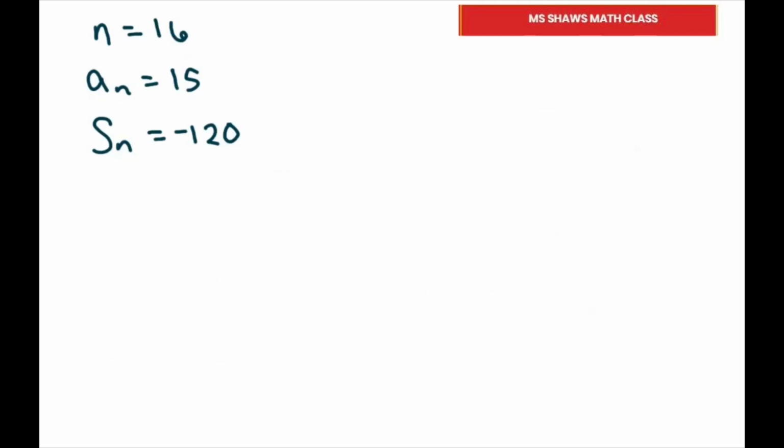Okay, on this one, we're going to do the same thing. We're going to write our sum formula out. Usually if you do the first term, they don't put the 1. You just put a, and that lets it be the first term. So anyway, our sum is negative 120.